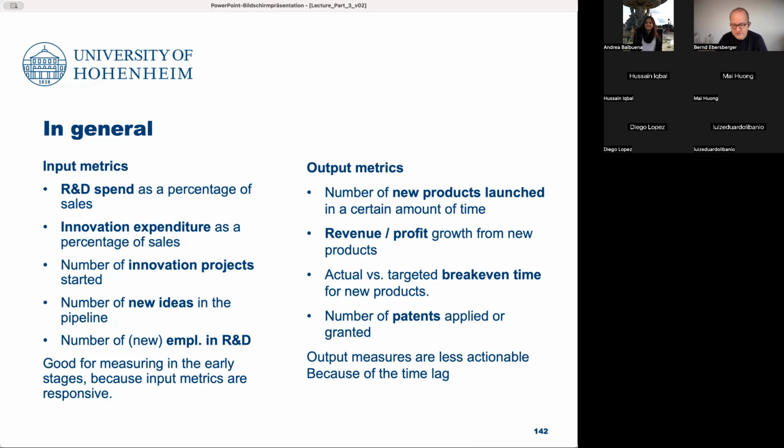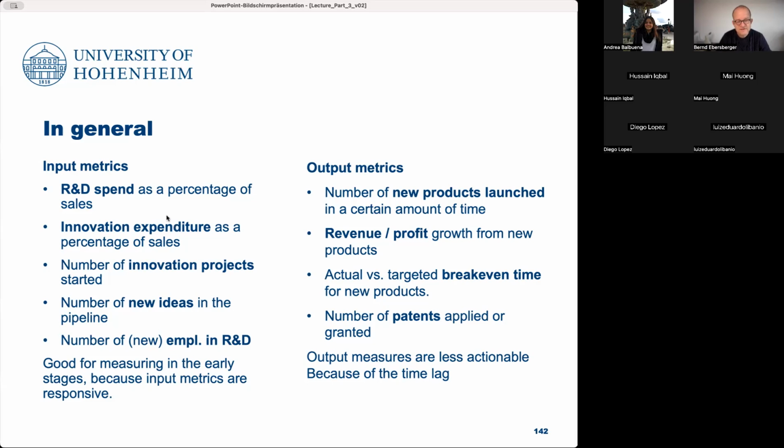Some of you had already mentioned something along these lines. Number of innovation projects started would also be a measure, or number of ideas in the idea pipeline, or number of new employees in R&D.